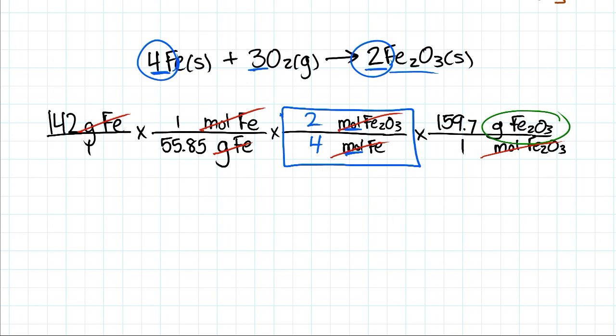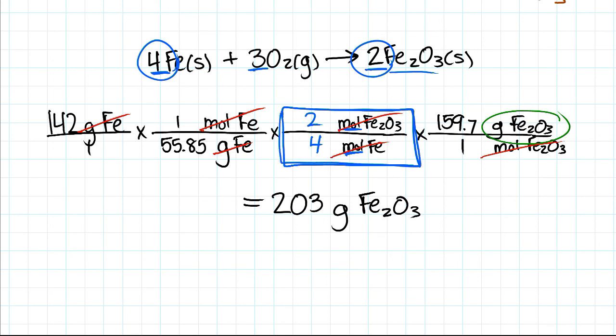And your answer, when you do all that math, is 203 grams of Fe2O3. This part right here that I highlighted in blue earlier, I call this the turning point, because when you have moles of something over moles of something else, that's where the problem kind of turns from being about one thing to being about another thing.